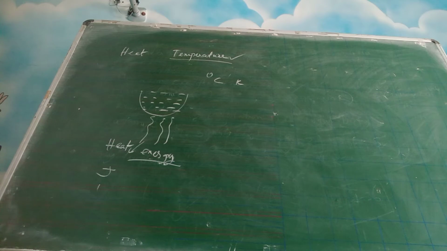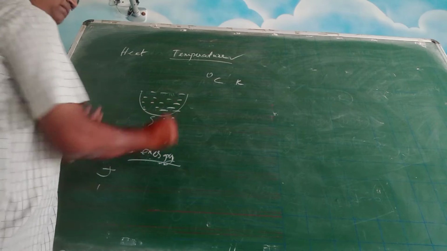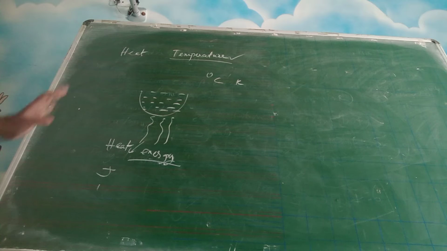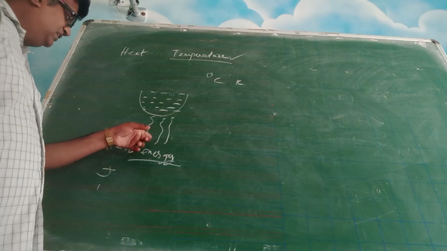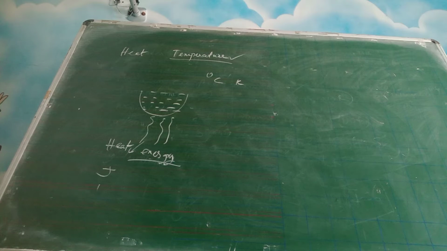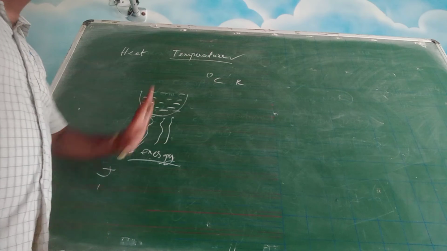This is energy. Okay, so basically you are providing this energy to disturb the arrangement of the content in the container. By giving this heat energy, you have raised the kinetic energy of the molecules. To what degree has it been raised? Okay, so that measure is actually the temperature.